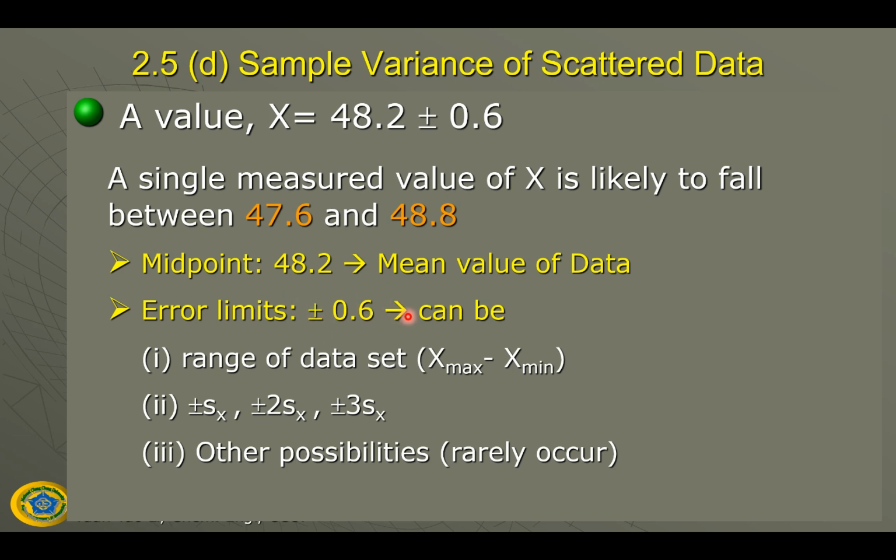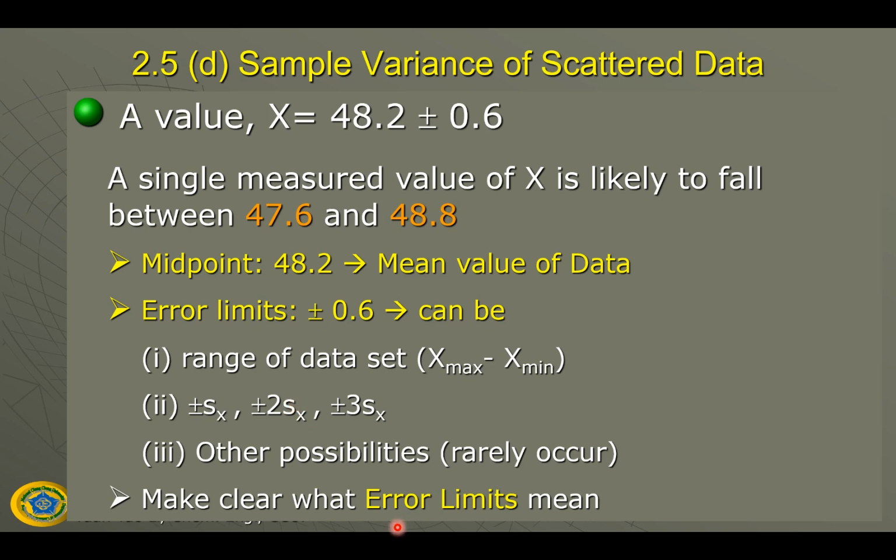You need to make a definition. It can be a range, x maximum minus x minimum, or it can be 1 standard deviation, or 2 standard deviations, or 3 standard deviations. You need to define whether 0.6 is 3, 2, or 1 standard deviation. You might have other possibilities, but those are normally not easy to see, so we normally use these.